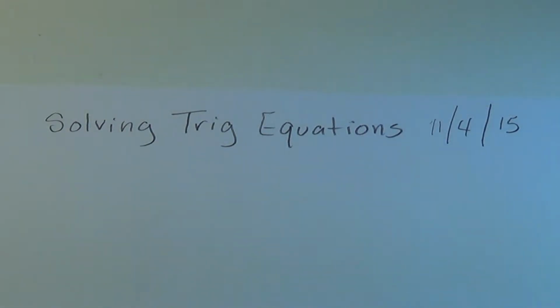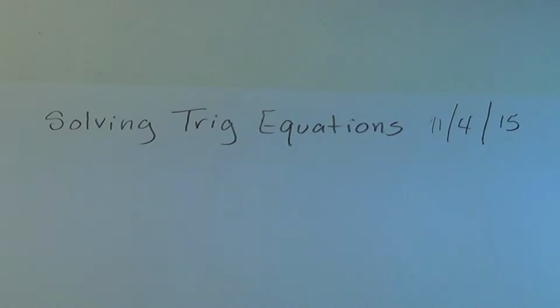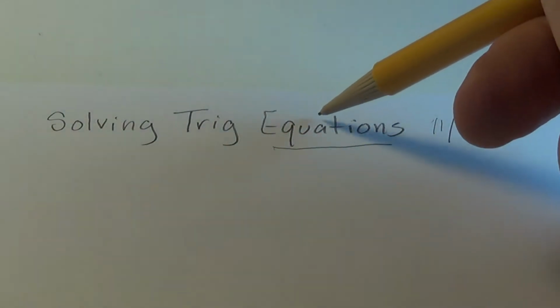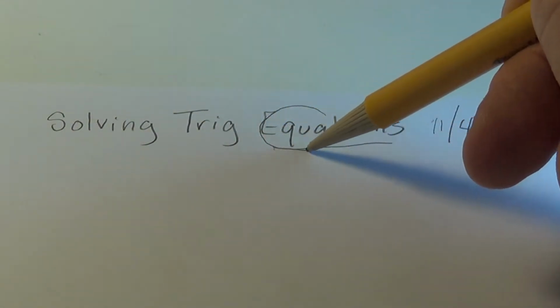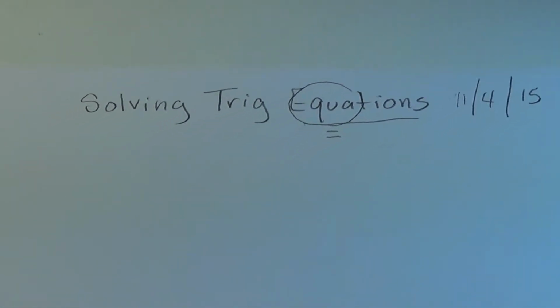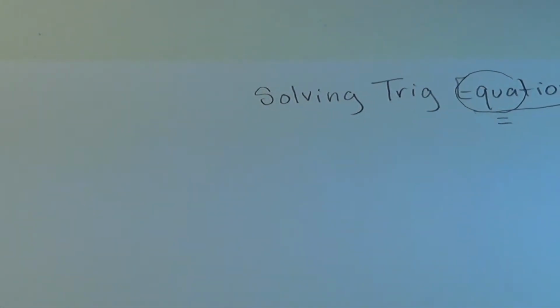So here I am to guide your study ever upward to make you more an amazing person than you already are. So with this inspiration, let's begin learning how to solve trig equations. The word equations hints of an equals sign. So we're expecting great things from our equals signs today.